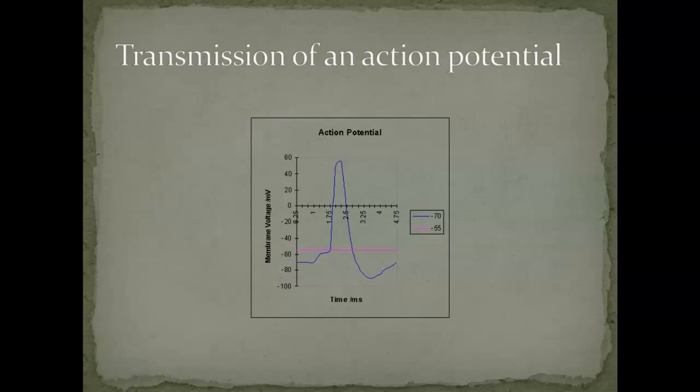As you go from the negatives to the positive, that's the sodium running into the cell. Then you get to the apex, and then it drops back down into the negative. That's the potassium rushing out of the cell. And then that little bottom dip down there is the sodium and the potassium being put back, the trigger being reset on that action potential. That's known as a refractory period.